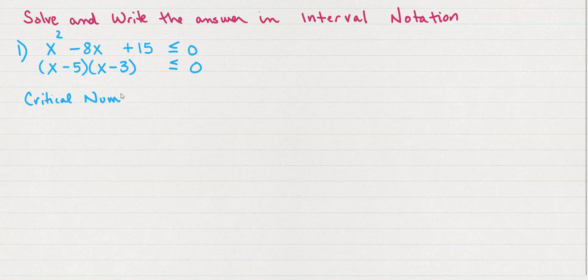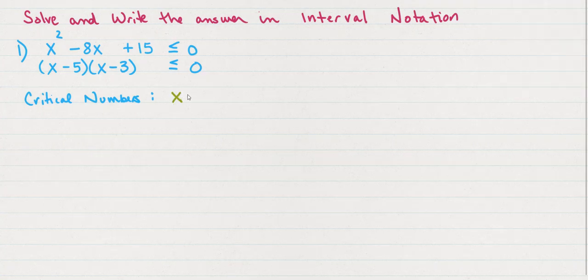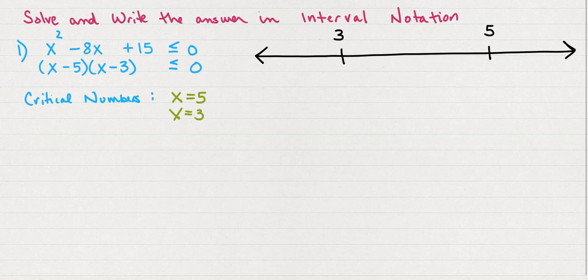The critical numbers are the numbers that make this equal to 0. So you'll notice that if x equals 5 or if x equals 3, we'd have this quadratic equal to 0. So those are called our critical numbers.